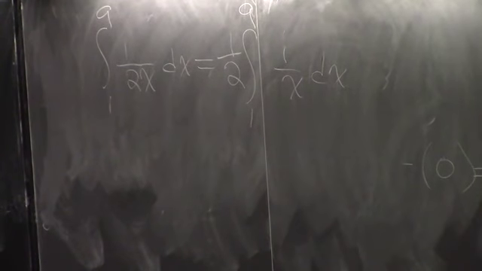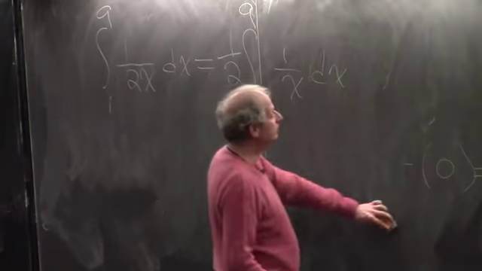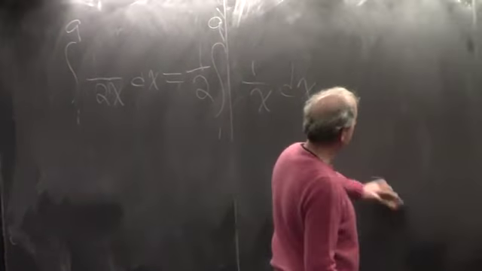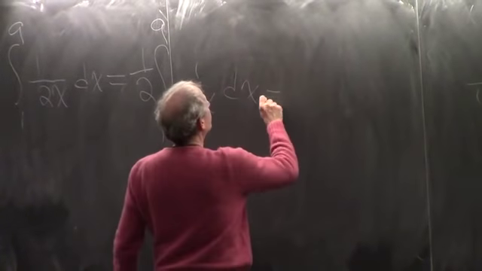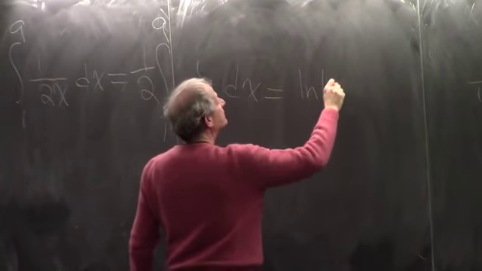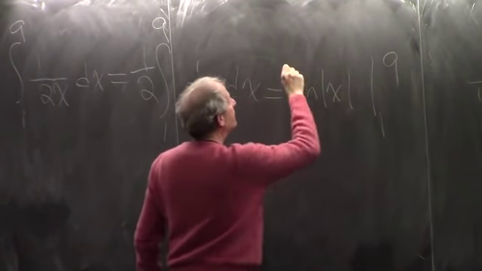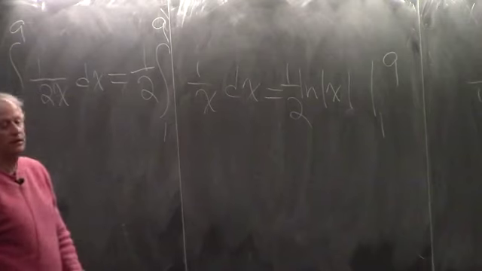Okay? And what's the integral of 1 over x? Ln of x. Ln of the absolute value of x. From 1 to 9, you got that half outside.